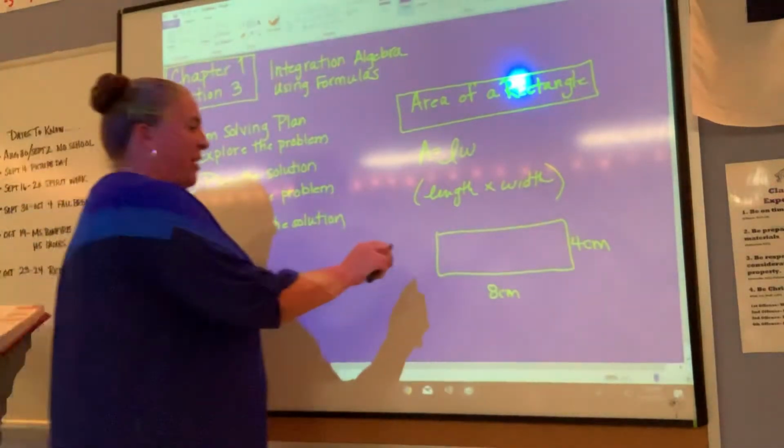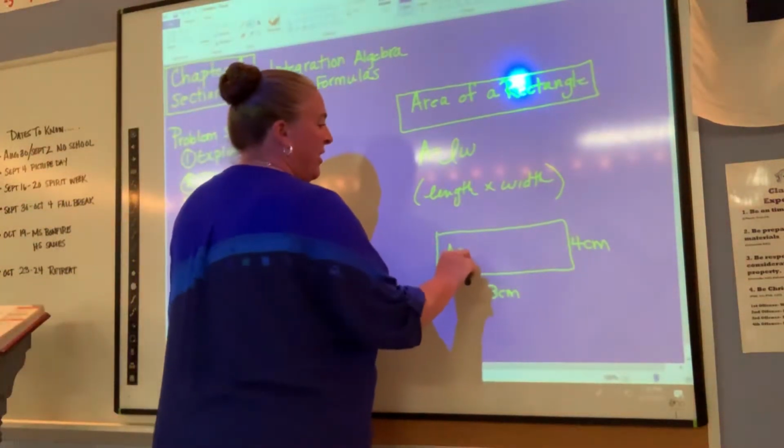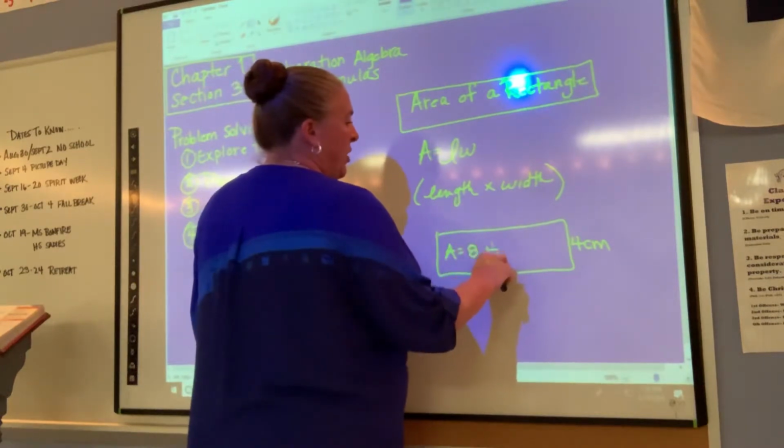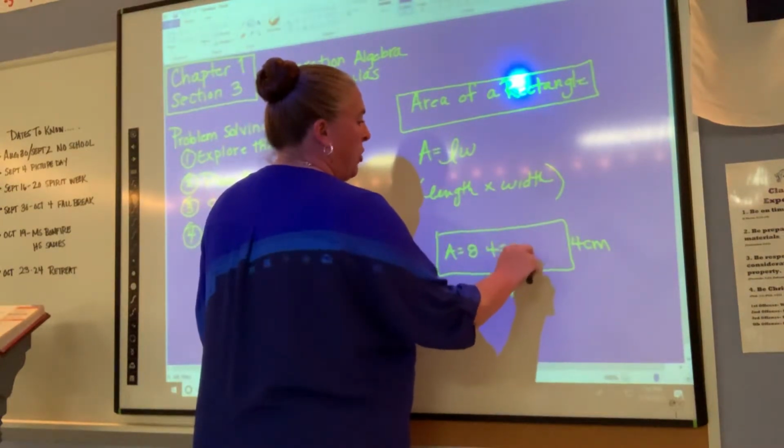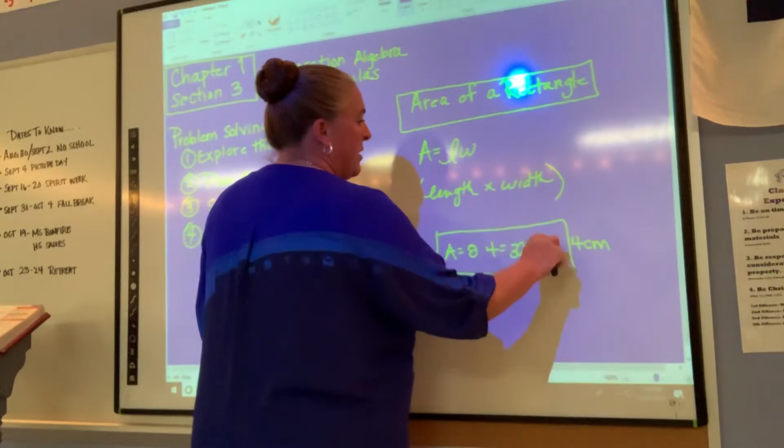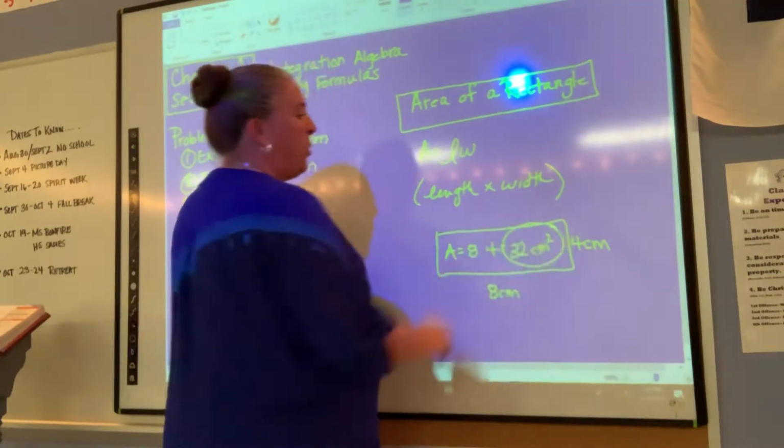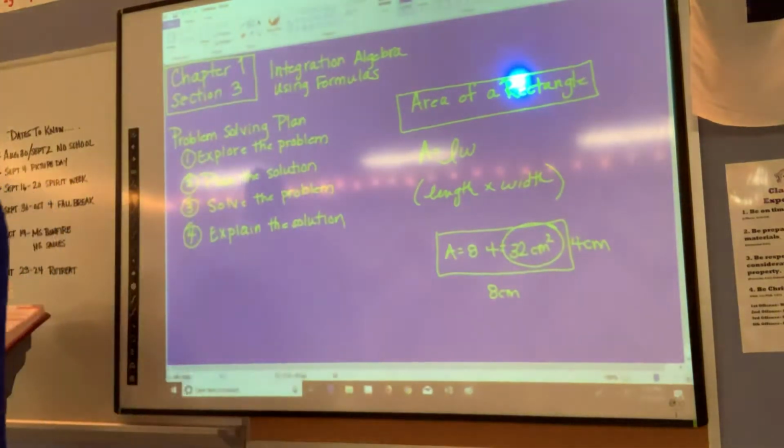Multiply 8 times 4, and oh my goodness, what do we get? 32. 8 times 4 is 32 what? Centimeters squared. Area is always square units. If you don't know what the units are, just put units squared. That's it.